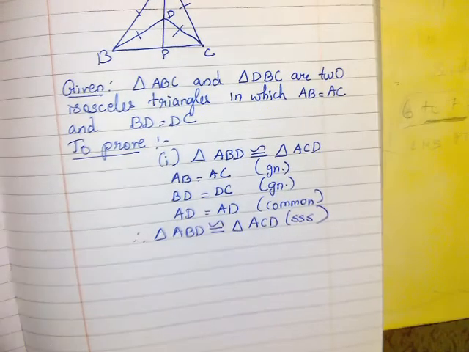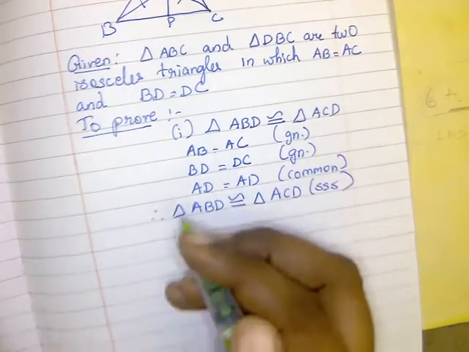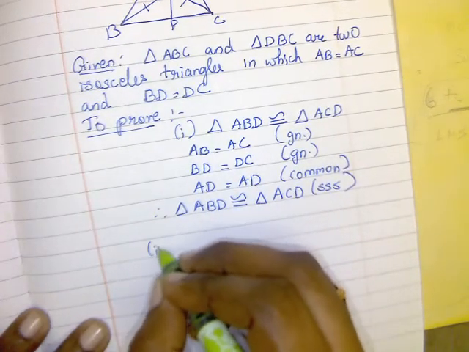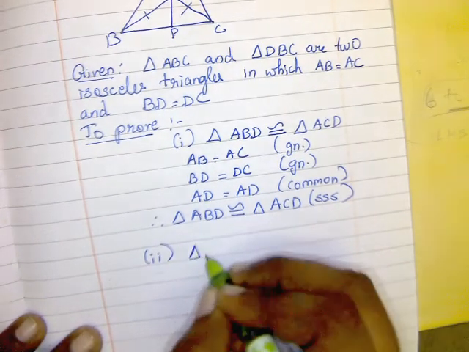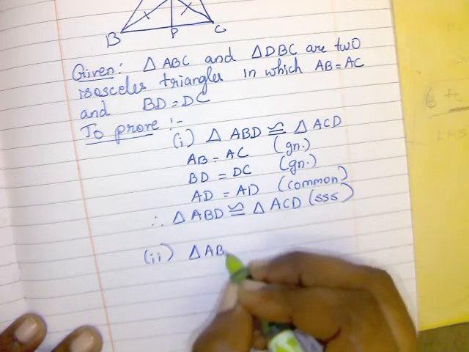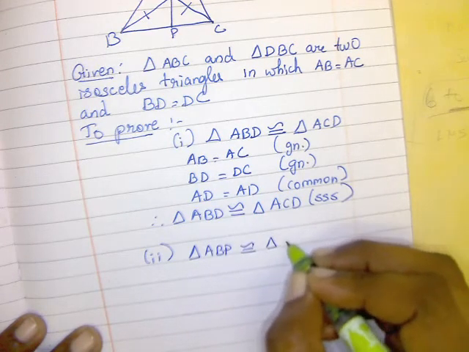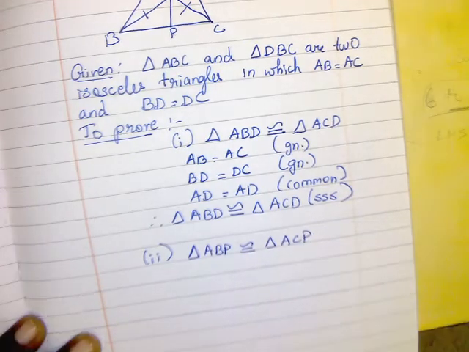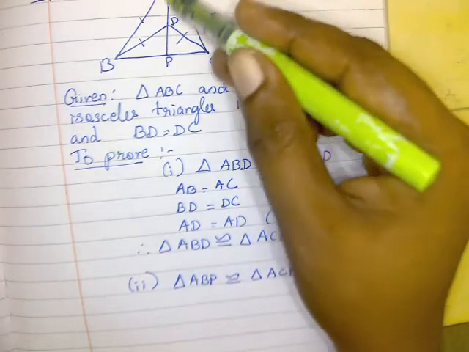Now the second one we are going to do here. Listen carefully. What is the second one? Triangle ABP is congruent to triangle ACP. Okay, look at the figure now.